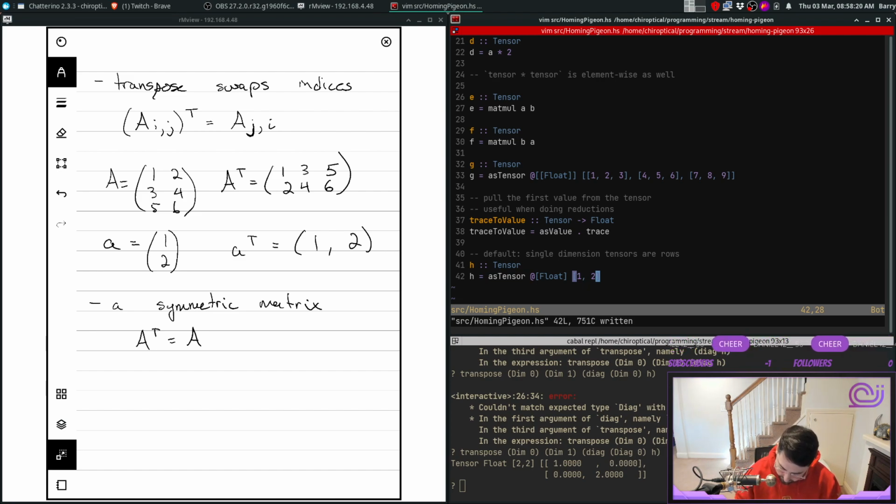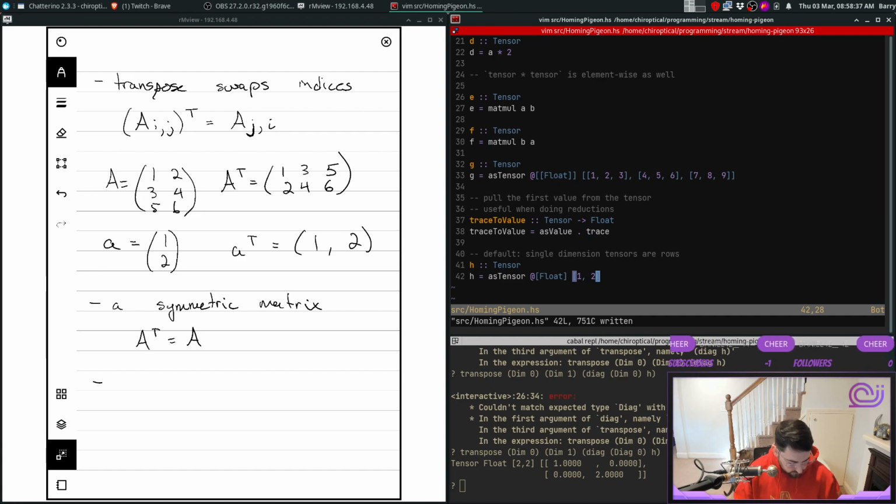So this is actually one thing that the library doesn't support yet. We're going to have to deal with this at some point, but not now: complex matrices and Hermitian matrices.